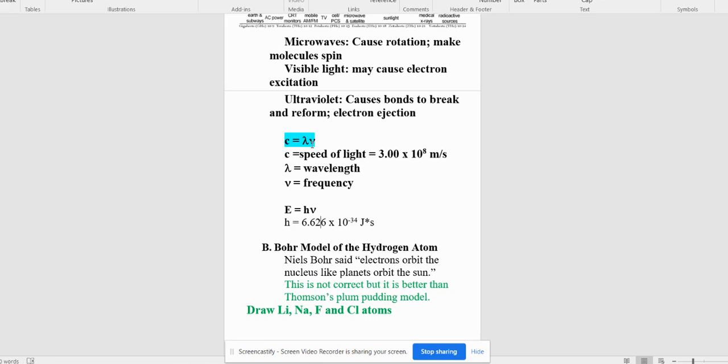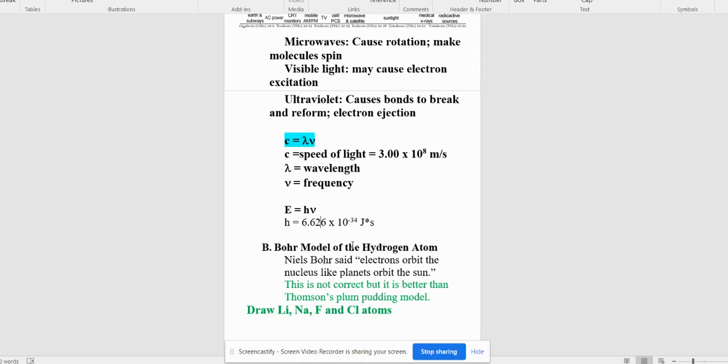If we wanted to relate the wavelength to the energy, the shorter the wavelength, the higher the energy. Basically, what we would do is rearrange this equation and solve for this lambda. So we would have c over nu, and we would plug that in down here. So it would be h times c over nu. Or in other words, you can put these two equations together, plug in what's given in the equation to solve for the energy of the photon, or the wavelength.